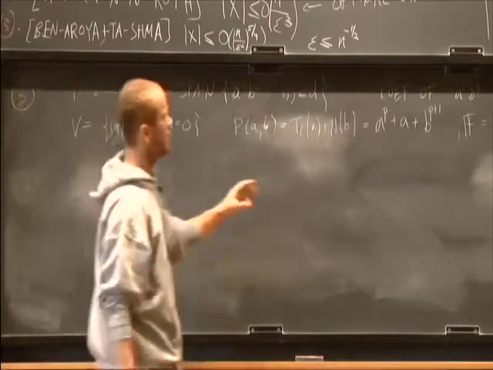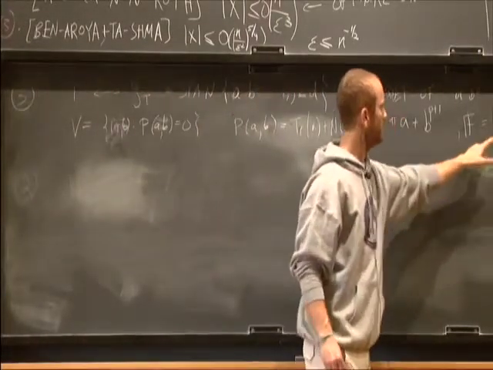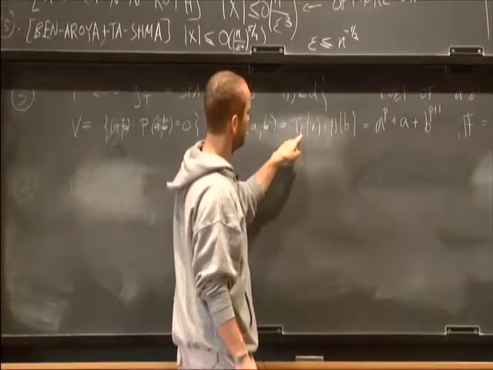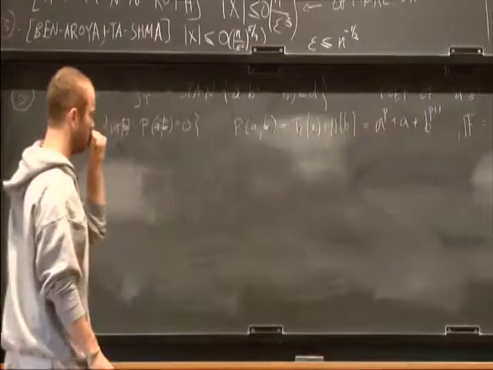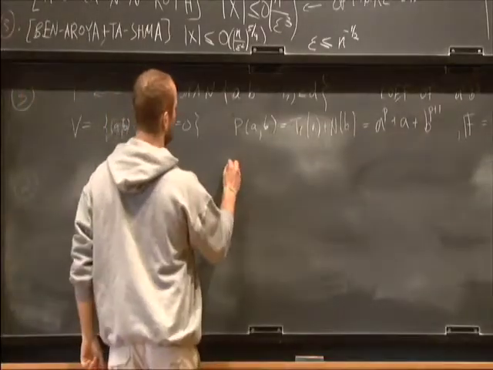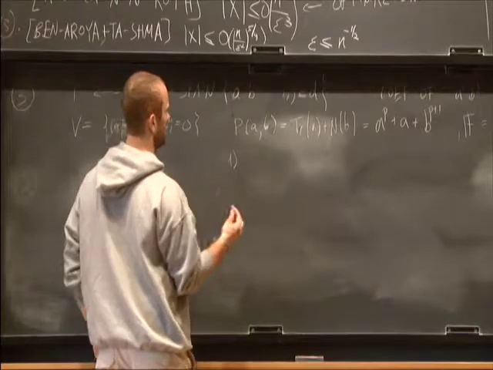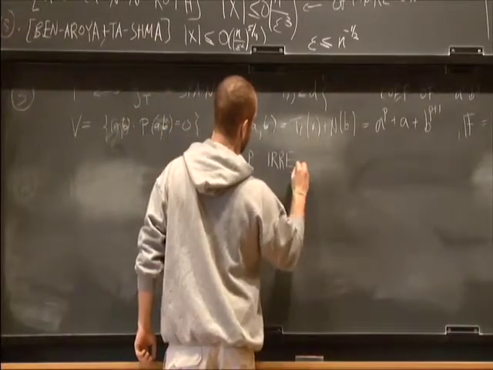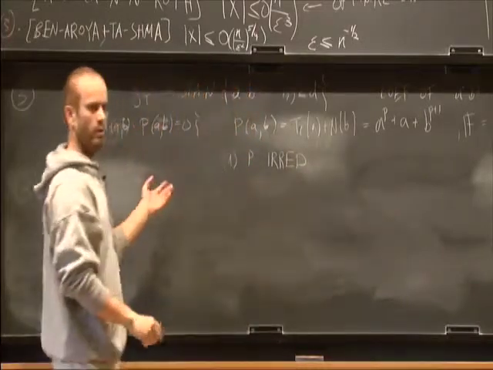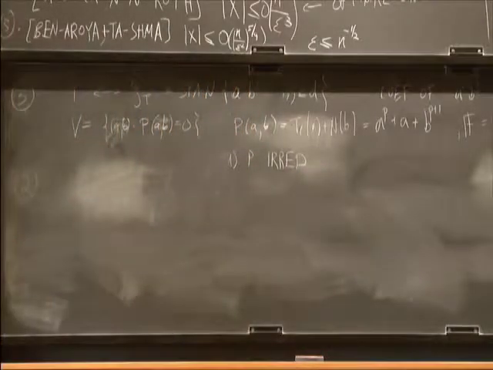The reason we choose this, so this is exactly the trace, and this is the norm, is that this P has a few good properties for us. First, P is irreducible. And I will not prove it. One way to do it, which is what they do, is use Eisenstein criterion for showing that a polynomial is irreducible.